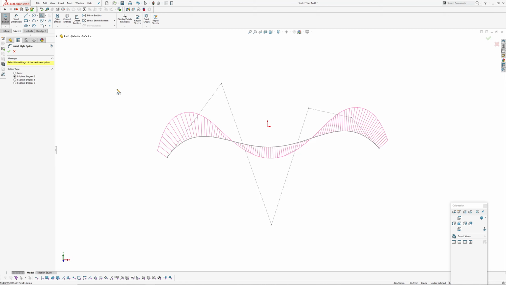Again, if you want to know more about single and multiple span curves, have a look on the Alias Golden Rules site, or the Rhino site has a really good explanation. So 1, 2, oh, it started there. Oh, let's try again.